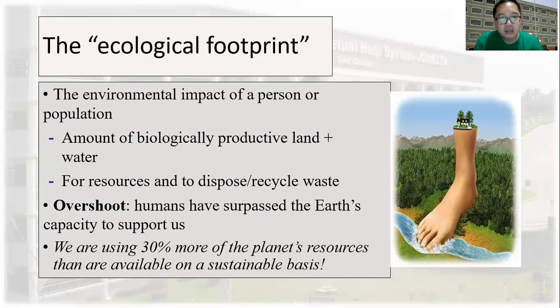So now we are in overshoot. We are using 30% more of the planet's resources than are available on a sustainable basis. So if we want a sustainable environment, we have to control the use of our natural resources, or even we can recycle our waste.